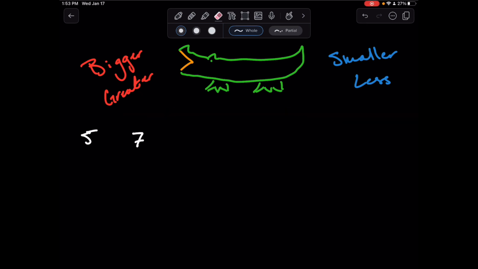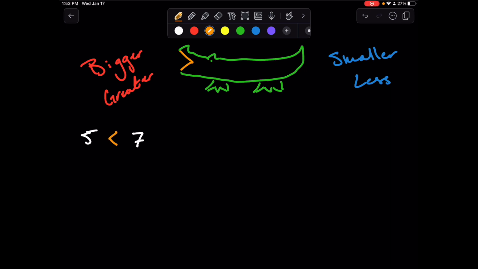So we've drawn our picture, and now our goal is to compare 5 and 7. So the first thing we're going to do is we're going to draw our inequality symbol. So our inequality symbol is going to say that 5 is less than 7. So the alligator should open towards the 7.